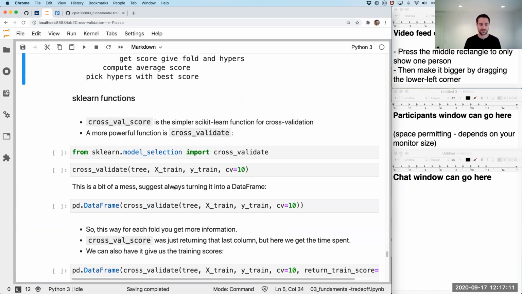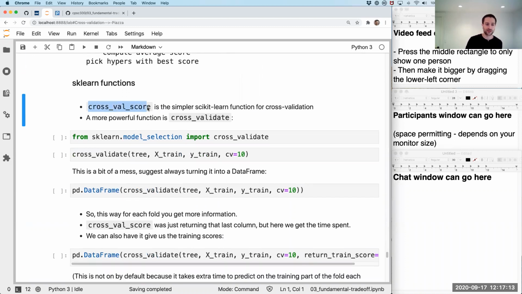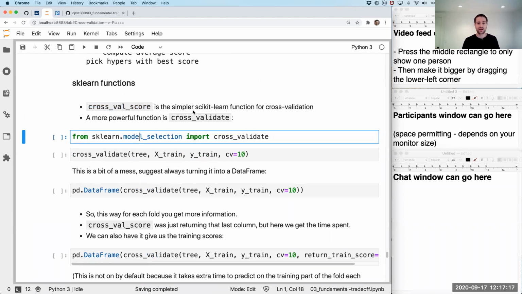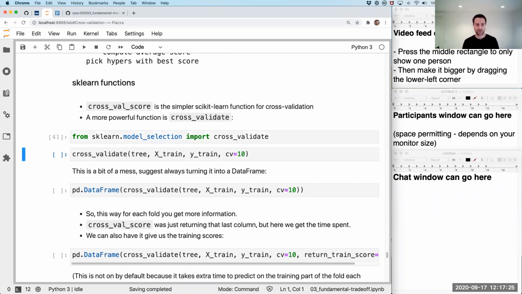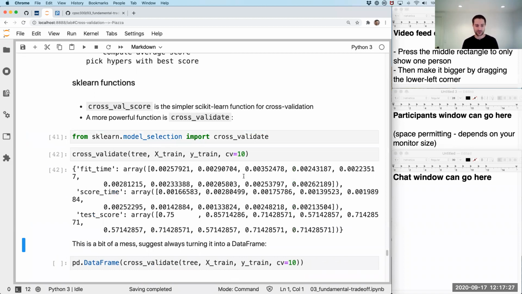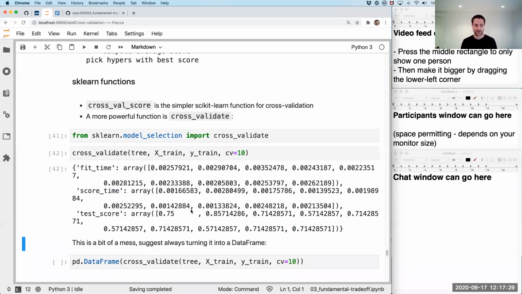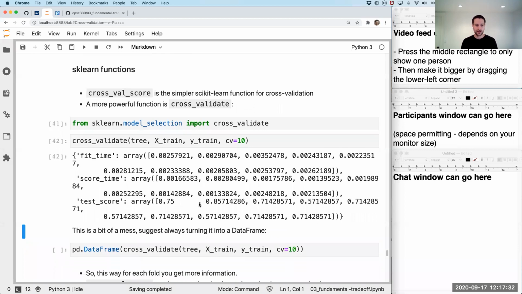Okay, I see there's some questions, but I just want to talk about one more scikit-learn function in the last 3 minutes, which is cross-validate. It's kind of the same thing as cross-val score, but a little more powerful. It has a little more options, and it's useful to use. It returns this horrible mess that's actually a Python dictionary.